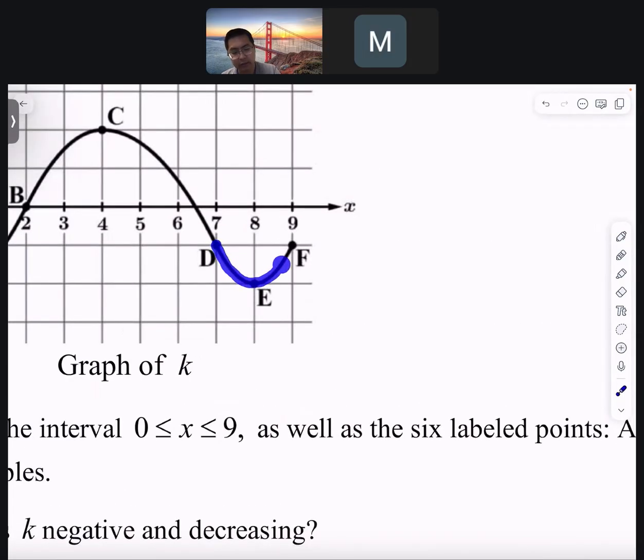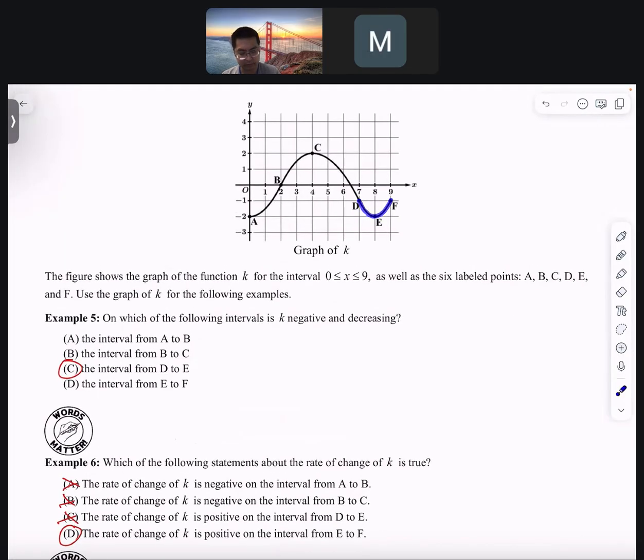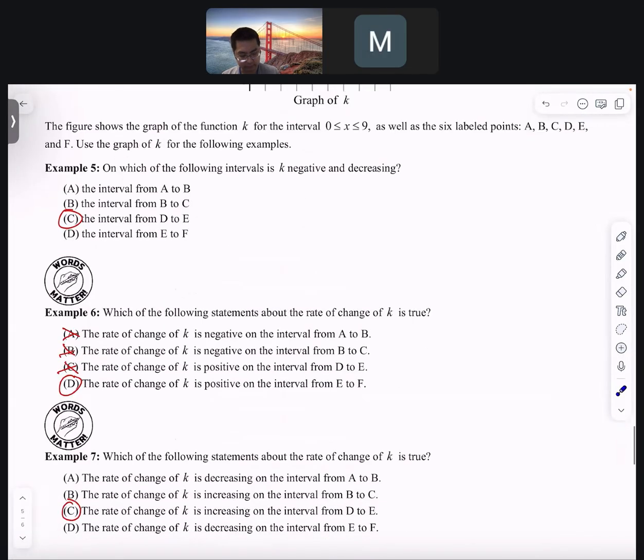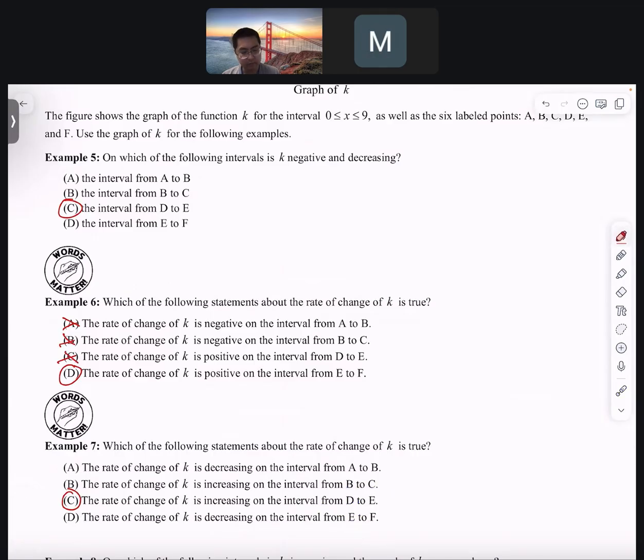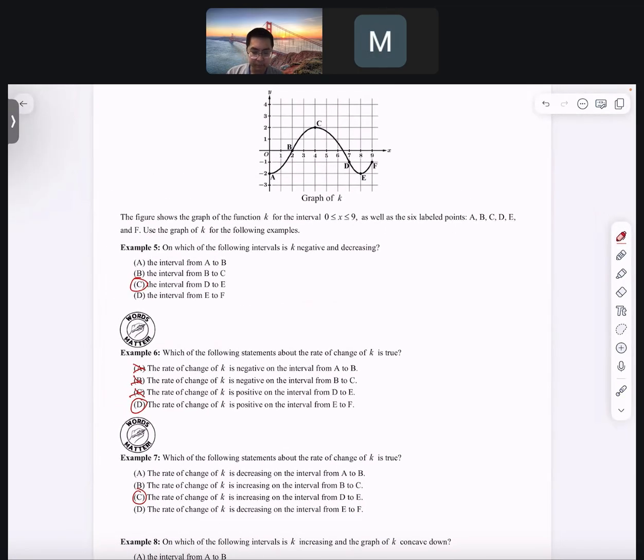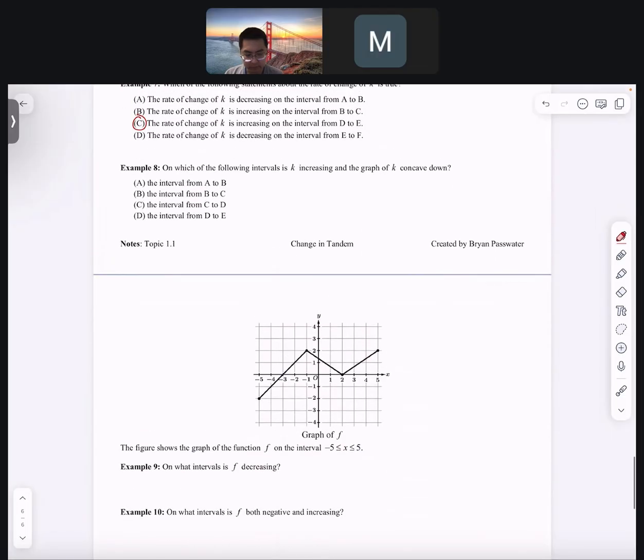This is concave up, which means the rate of change of k is increasing. That's why that one's true, because it says for D to E, it is true. Okay? So hopefully that was some good explanations of that.